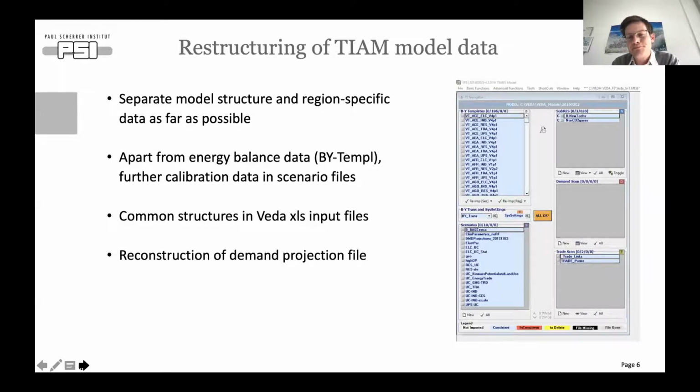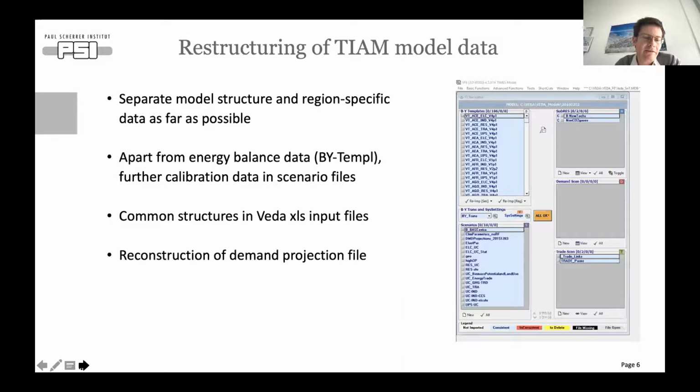That means in the base year template, I only tried to keep the energy balance data for the base year, and all the other data which characterizes a specific region, and here we talk about 36 regions for the whole world, have moved to scenario files. And this was very handy because this allowed a much more streamlined data processing from this central database to the TIMES input files.